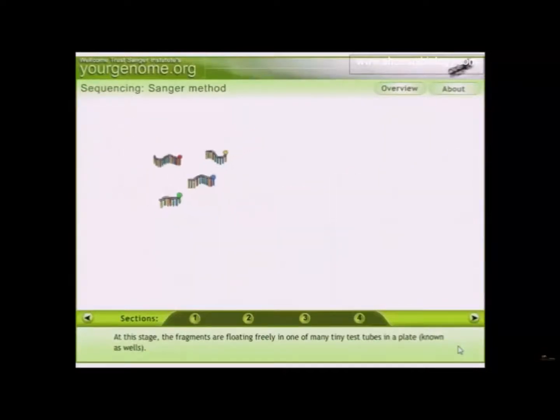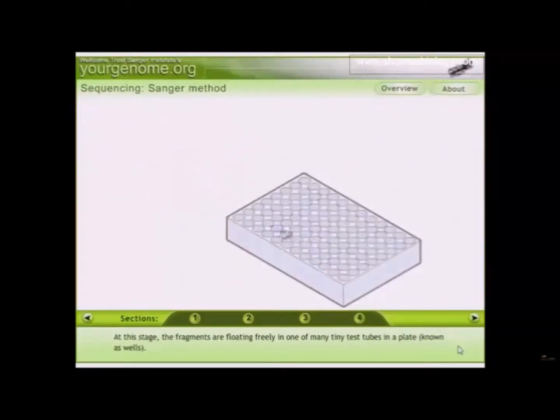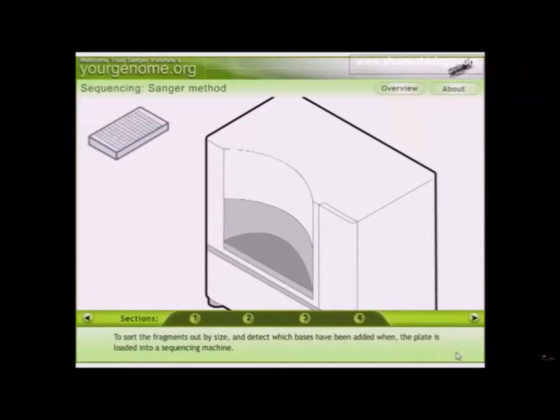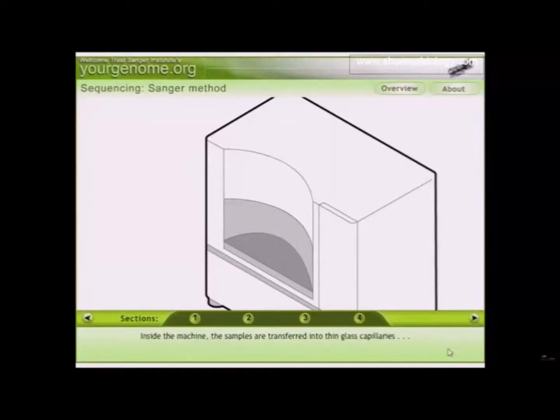At this stage, the fragments are floating freely in many tiny tubes in a plate known as wells. To sort the fragments by size and detect which bases have been added when, the plate is loaded into the sequencing machine.